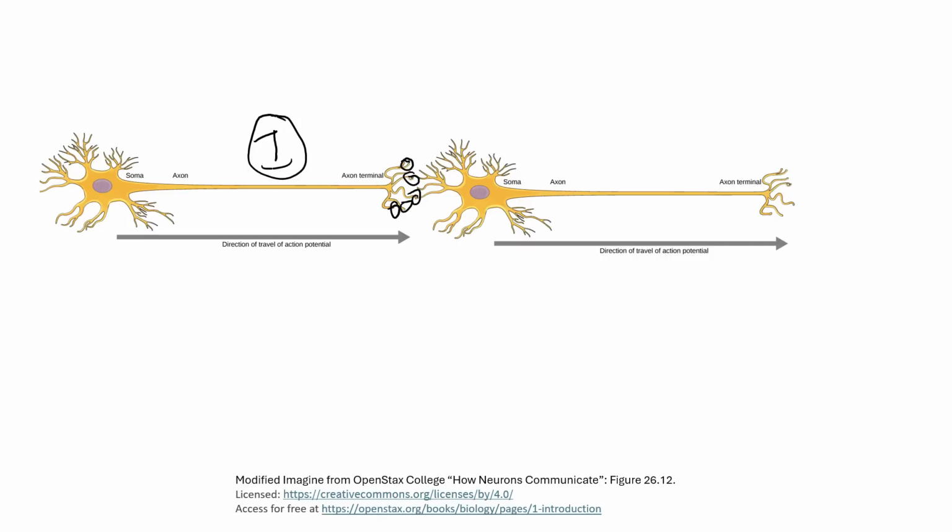When looking at neuron number 2, or the postsynaptic neuron, the portion of the dendrites, or the portion of the cell body, either one, that lies right underneath and next to where the axon terminal buttons are, that is going to be the last part, or the end, of the synapses.